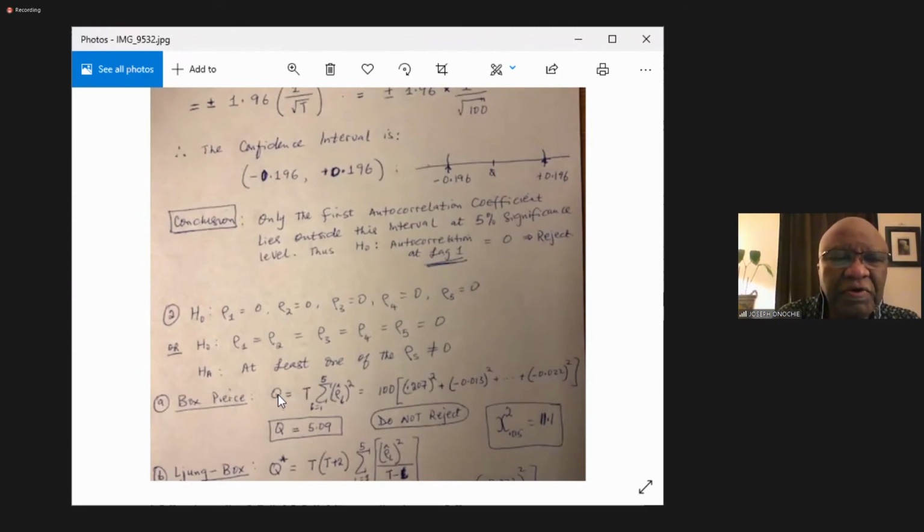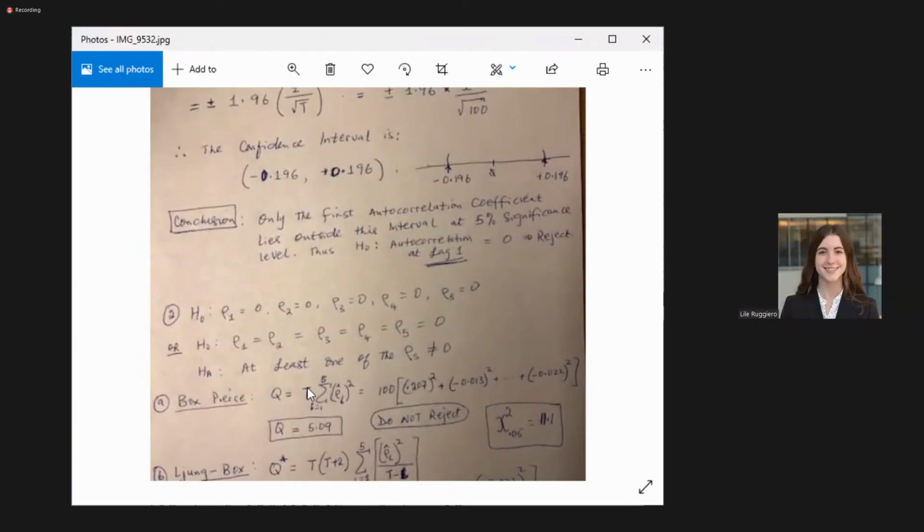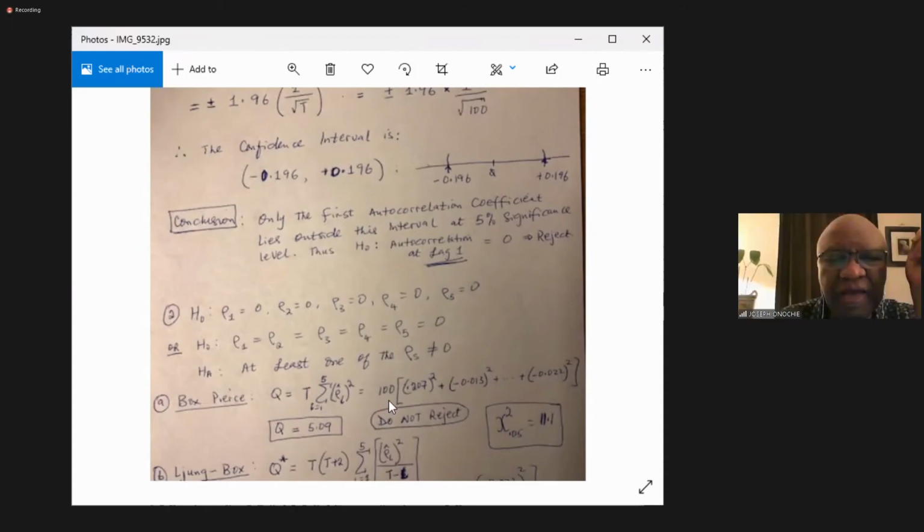So the Q equals T times the sum of each autocorrelation squared at each lag. So in other words, how many returns in our sample? 100, right? We are told. Yes, everybody? Okay. So it's 100 times the sum of the square of each of the autocorrelations at each lag.